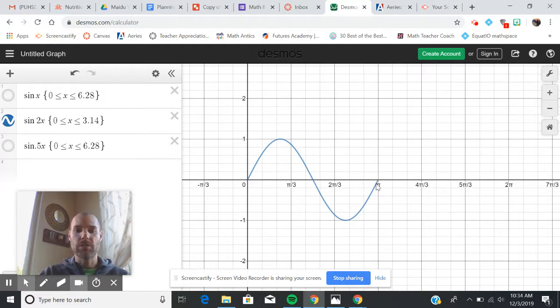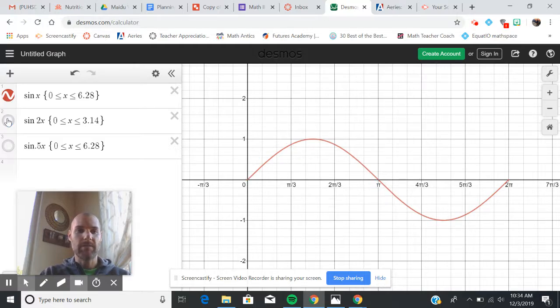So now my period is just pi. We can compare that here. The red took 2 pi to complete that cycle, so its period is 2 pi. But on the blue with the 2 in front, there would be 2 of them in that 2 pi, which means I only need pi, so the period is pi for it to complete a cycle.